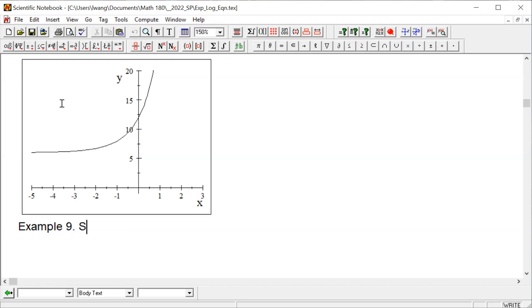Okay, so solve for x again. In this inequality, e to the power 2x minus 5 e to the power x plus 6 less than 0.